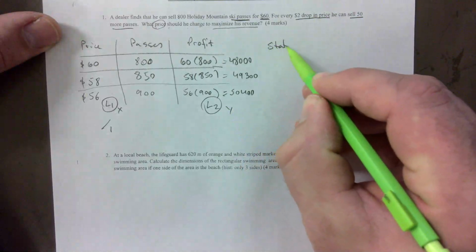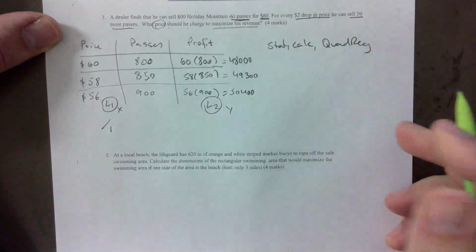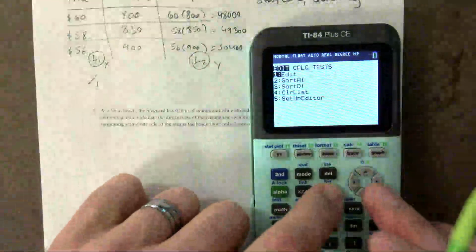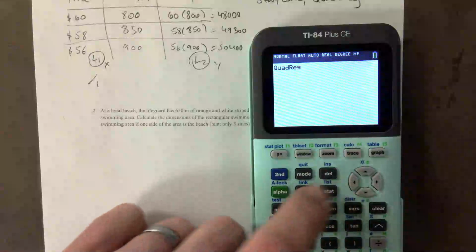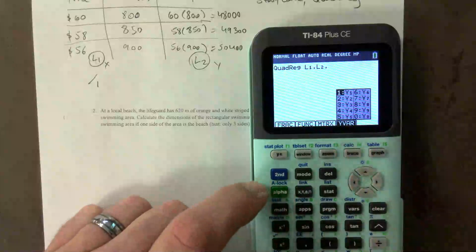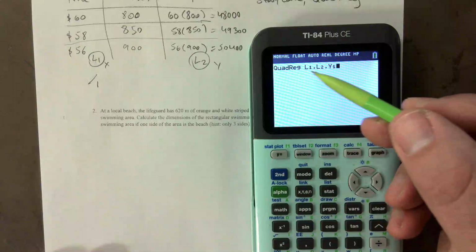Then I go stat, calc, quadratic regression. And let's go ahead and see what that works out to be. Okay, 1, 2, alpha trace, y1. So that's what you want to make. You make sure you remember this part.